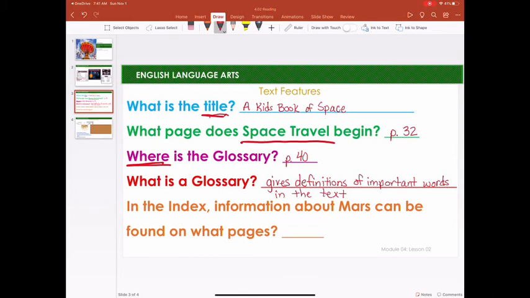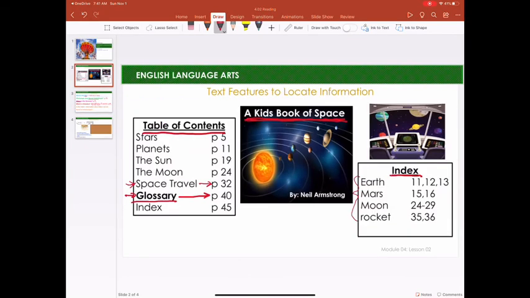In the index, information about Mars can be found on what pages? So remember, the index tells us the topics that are covered in the book. And these topics might be found in different chapters, okay? So it doesn't necessarily mean it's going to be the title of a chapter. For example, I can see that Mars is a planet.